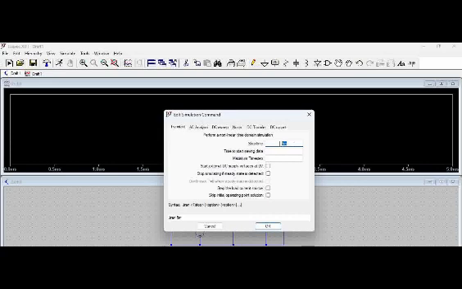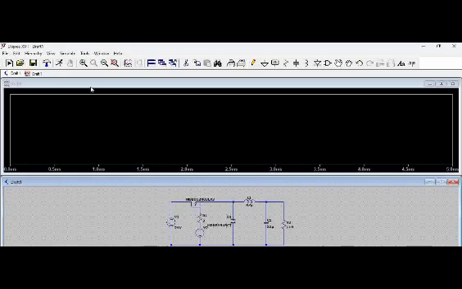Now, if you see here, we have kept a stop time of 5 milliseconds. This must be enough for the signal to settle down and give a fixed output voltage. If you give more than this, you see the simulation running for a long time. So selecting the transient analysis stop time is one of the very important points. Now we selected 5 milliseconds. Let us try to run this.